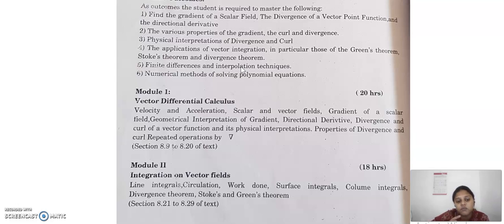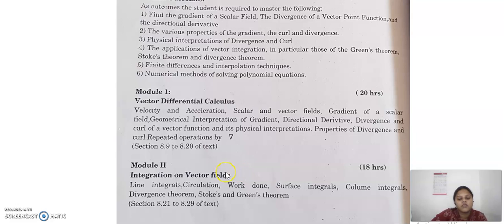Similar to this, when you are integrating along a surface we get what is called a surface integral. Similarly, if you are integrating over a volume, that will give you a volume integral. The line integral will be a single integral, the surface integral a double integral, and the volume integral a triple integral.